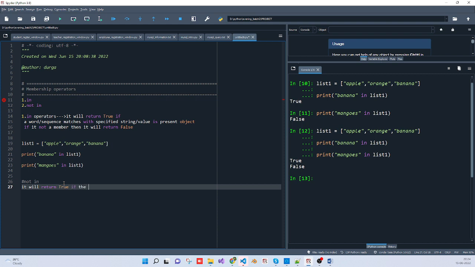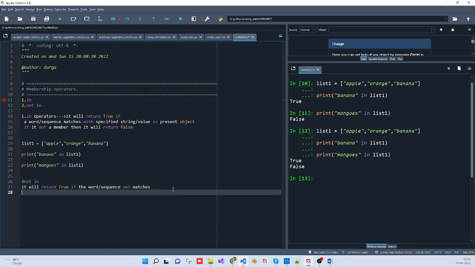It will return true if the word or sequence does not match.